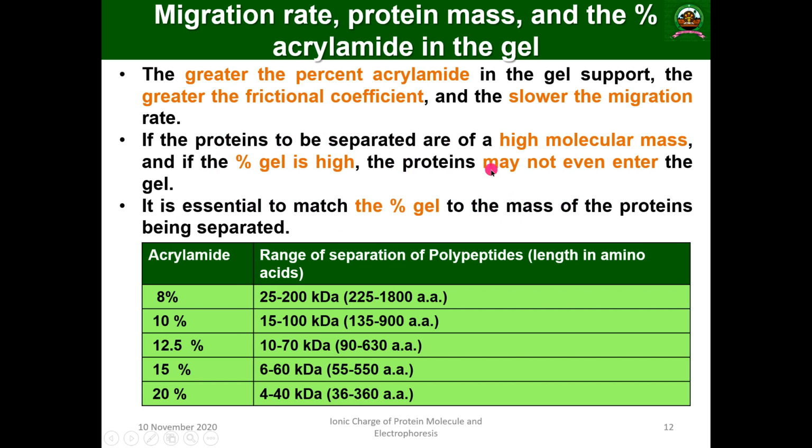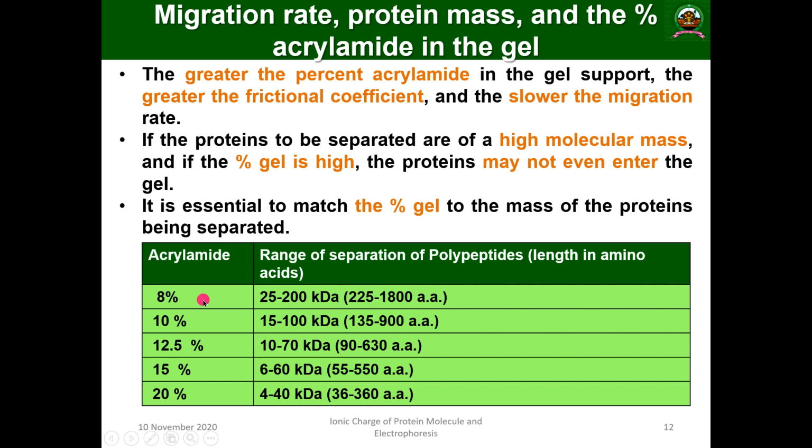There should be a proper agreement. So this is the concentration of acrylamide in the gel, and what are the ranges of separation of polypeptides, the length in amino acids. If it is 8%, it can separate 25 to 200 kilodalton molecular weight, approximately 225 to 1800 amino acids. That is what I told you.